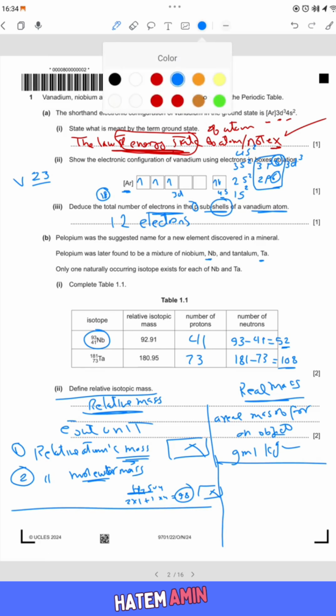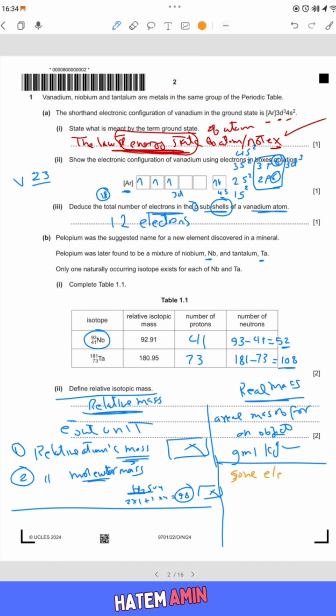As we know, some elements have more than one kind of atom. What's the difference between these atoms? They have the same proton number but different neutrons in each one. So these are isotopes.